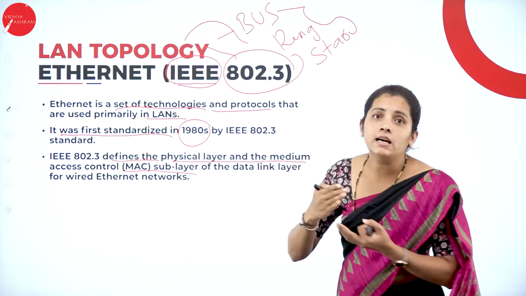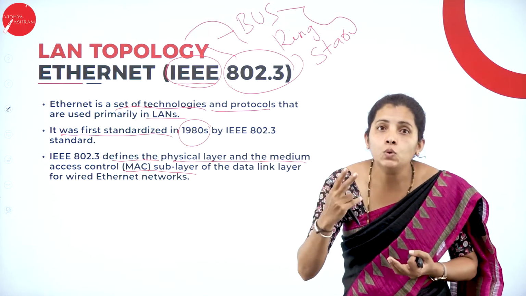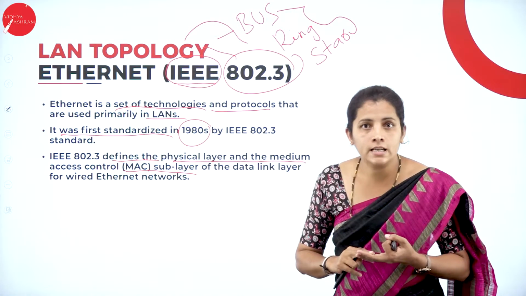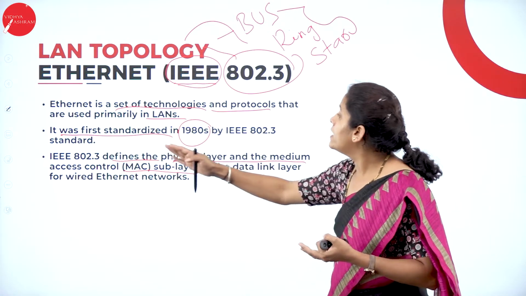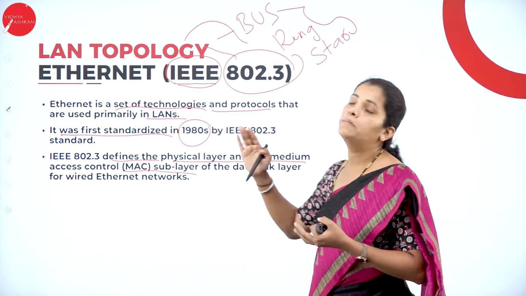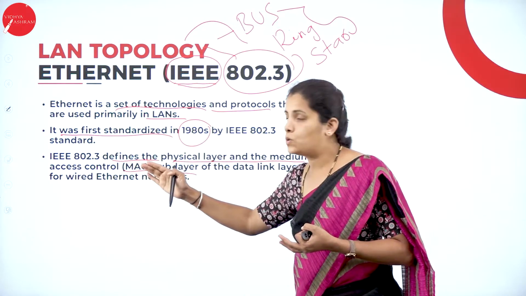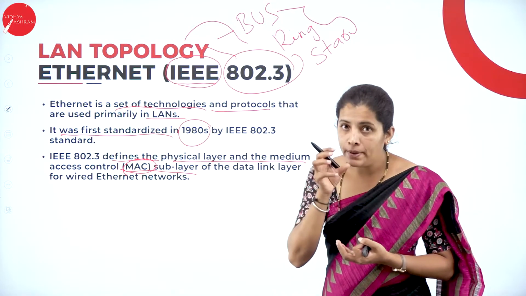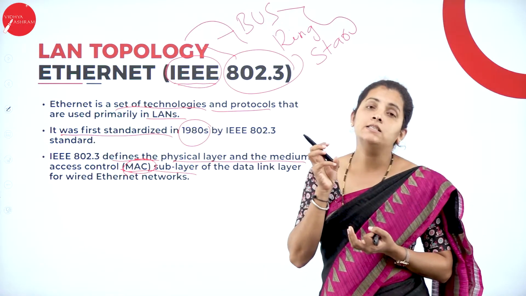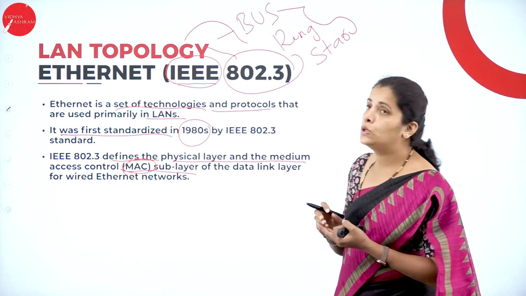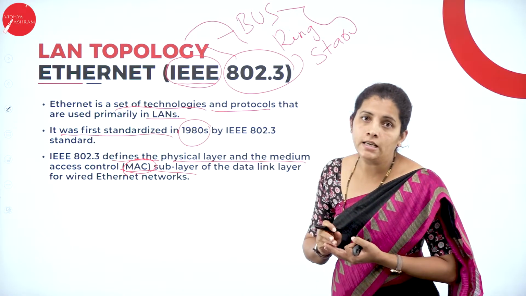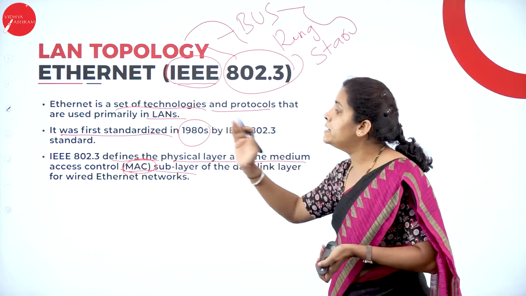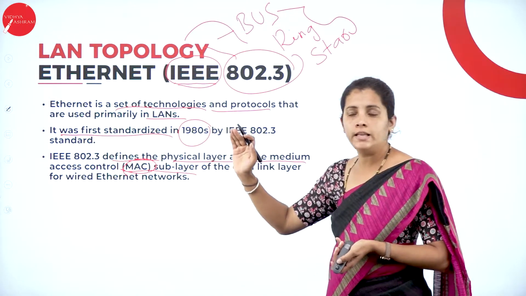The data link layer includes two sublayers: the logical link control layer, and the medium access control layer, that is the MAC sublayer.